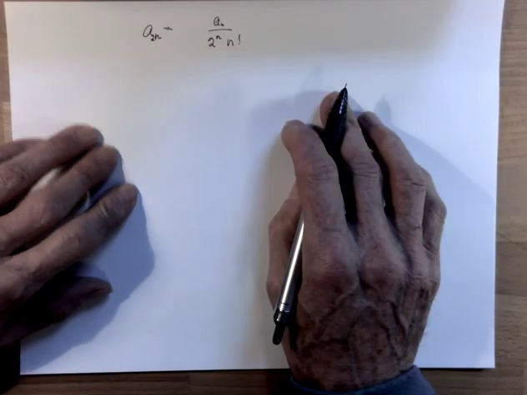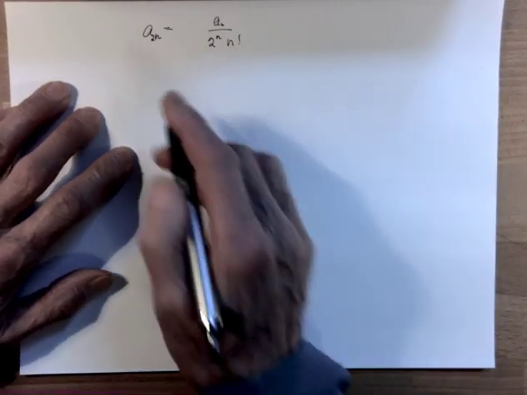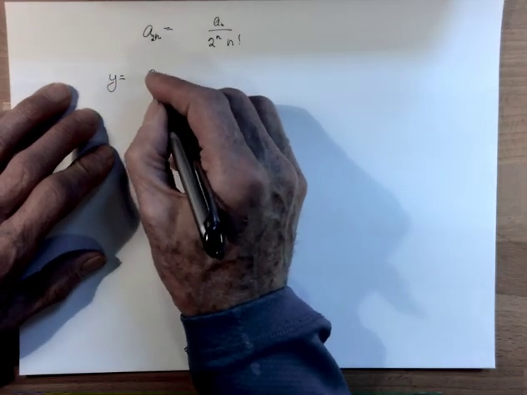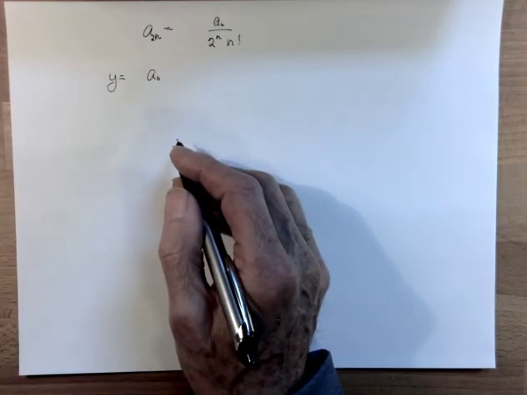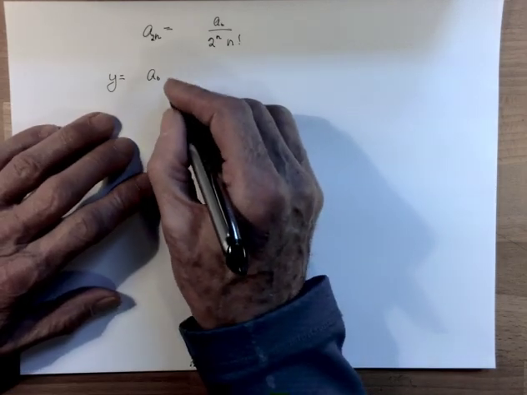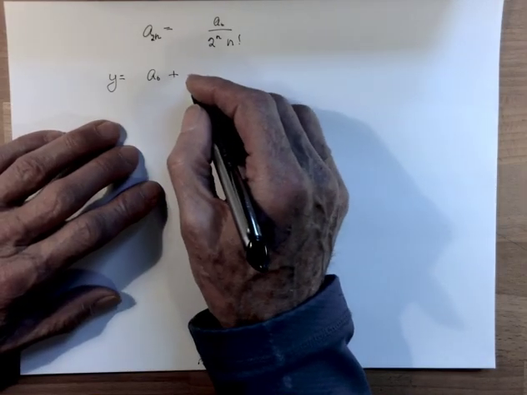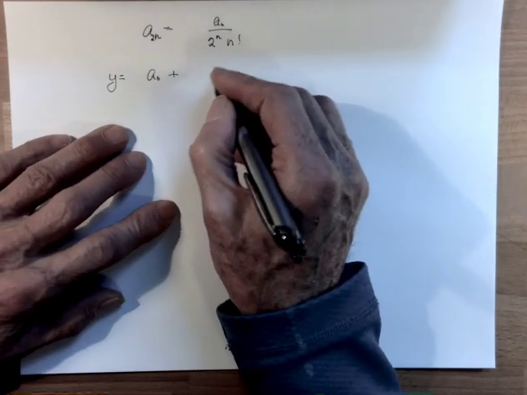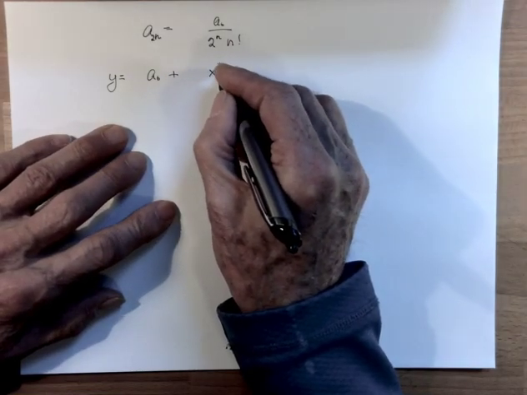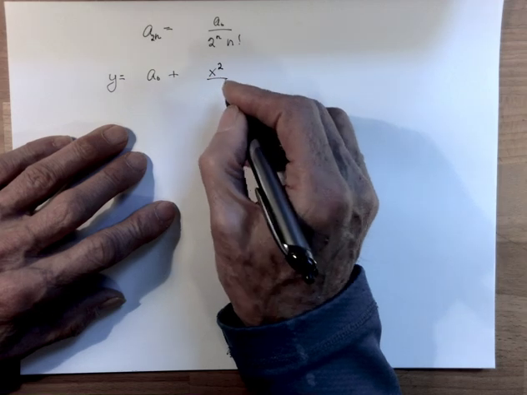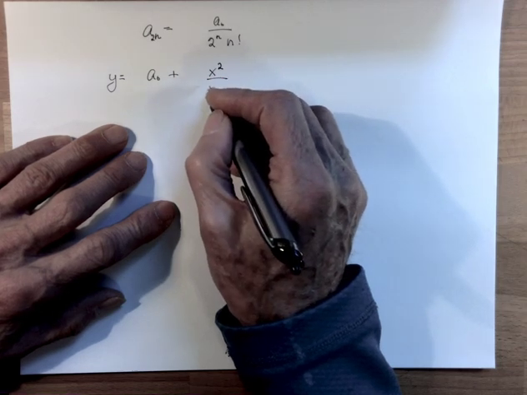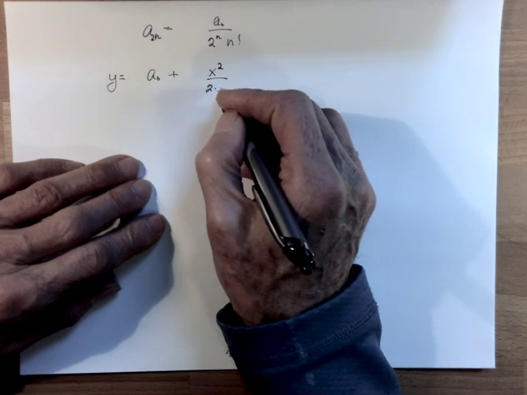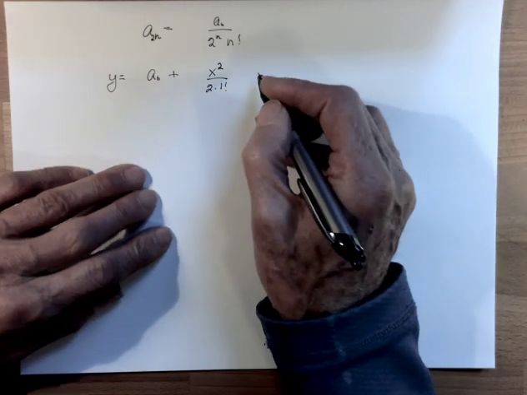And we can write out the solution. y equals a0. Don't forget the a0. It's still there. Plus a2 will have x squared over 2 times 1 factorial.